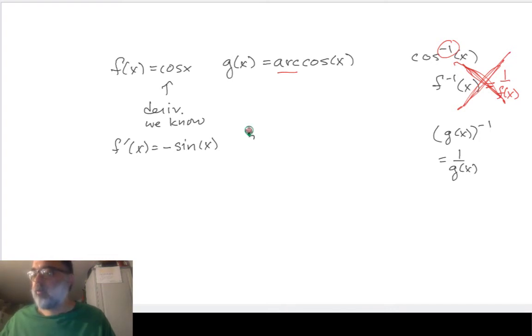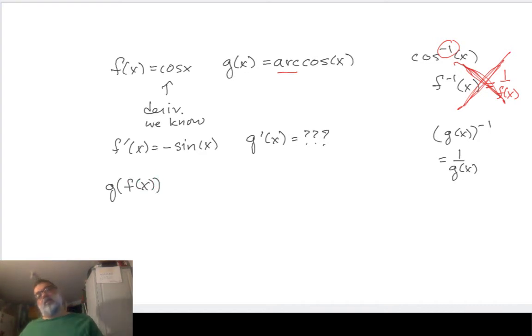G prime, the derivative of arc cosine, we do not know, right? So we are going to put it together with the one we don't know as the outside function, because what we know about is that f prime. So we're going to see if that helps, right? And what we know about inverse functions, when you compose them, you get out the same thing you put in.